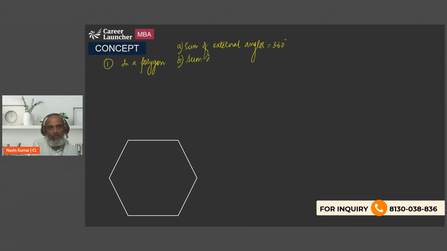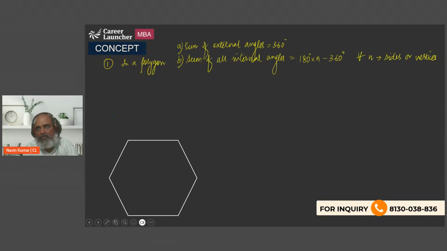Sum of all internal angles is given as 180 degrees into n minus 360 degrees. Now, what does n represent here? Here, n is nothing but either the sides or the vertices, because if you have a polygon with n sides, it will have n vertices and vice versa.